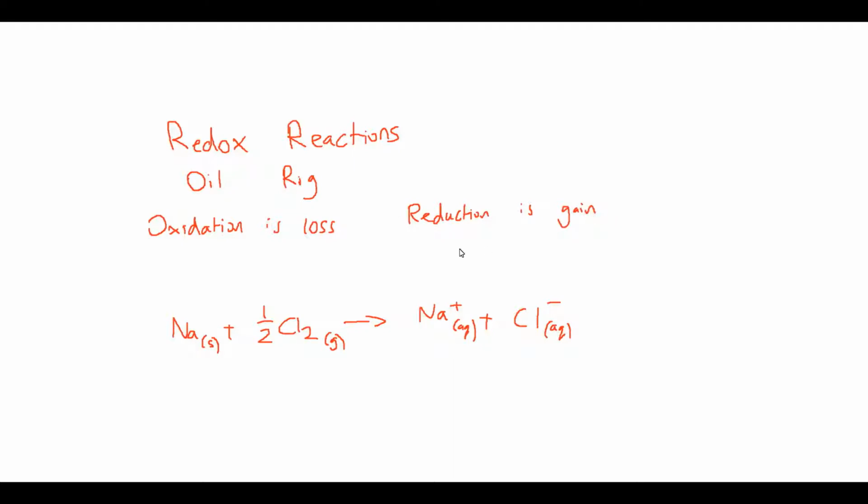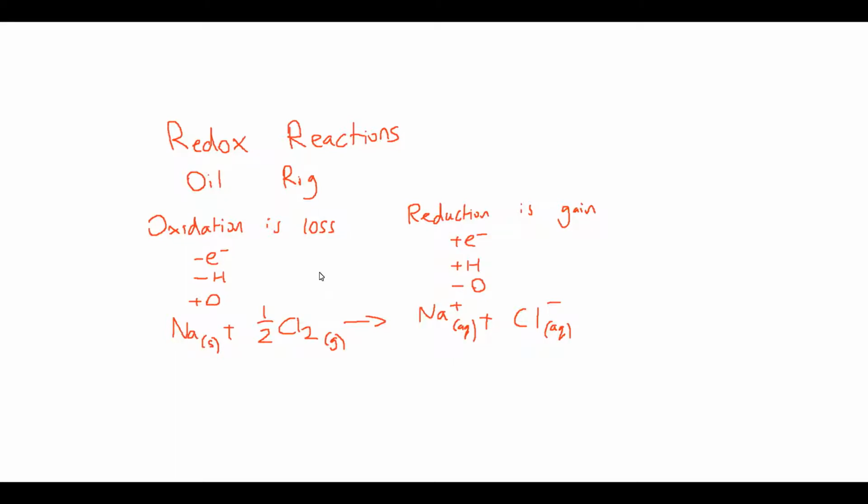But loss and gain of what? Well, oxidation is loss of electrons or loss of hydrogen. Reduction is gain of electrons or gain of hydrogen. Oxidation can also refer to the gain of oxygen, as the name suggests, and reduction, therefore, is the loss of oxygen.